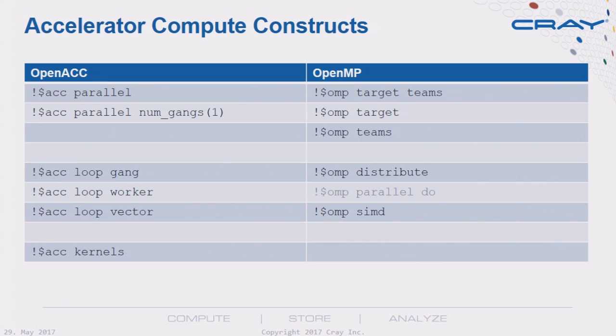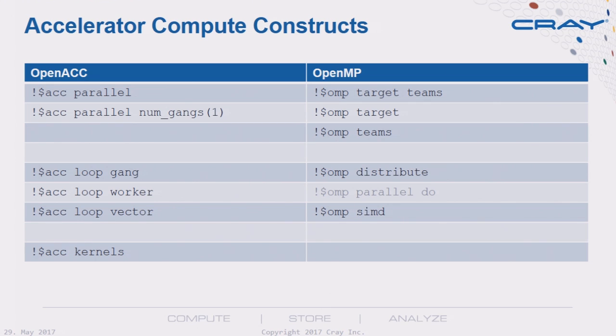Then we can also mention how we want to parallelize that. So in OpenACC we have the num_gangs clause. We also have the loop gang, loop worker, and loop vector clauses, where we can nicely map to the different layers of parallelization, saying it like that. So thread blocks, maybe warps or vectors within the thread blocks, and then really threads within these blocks.